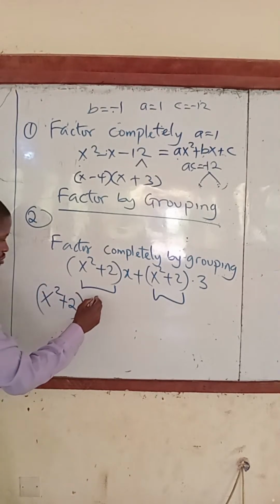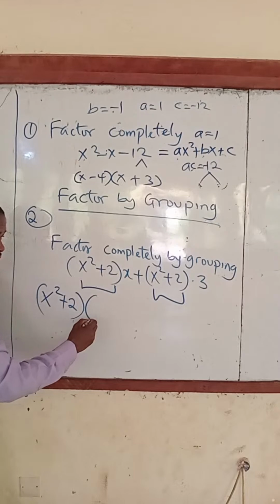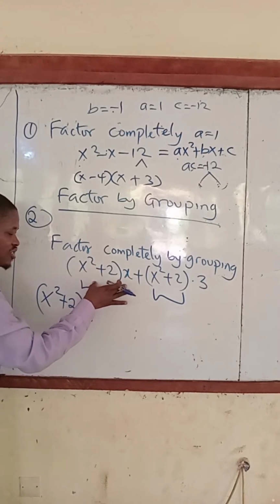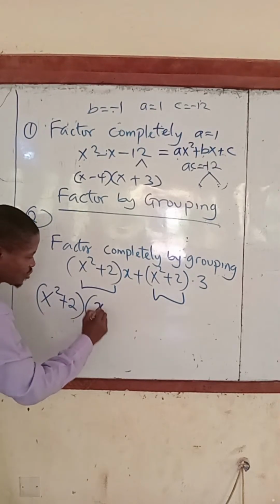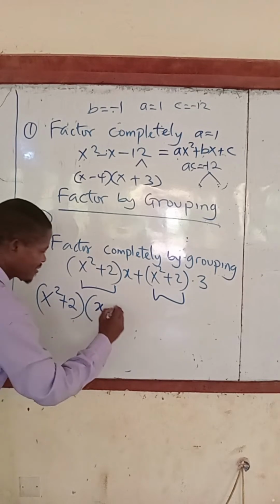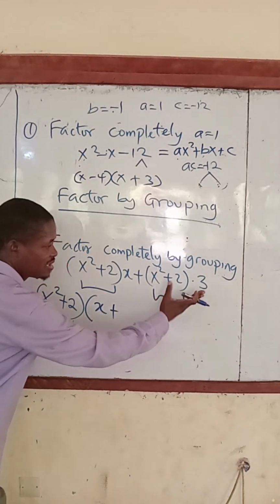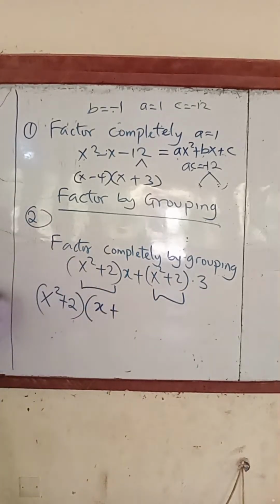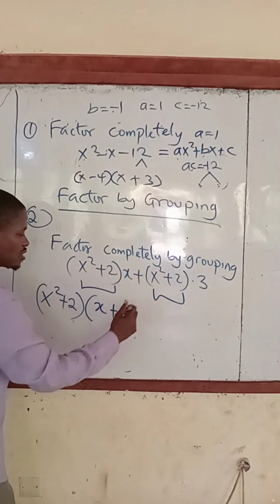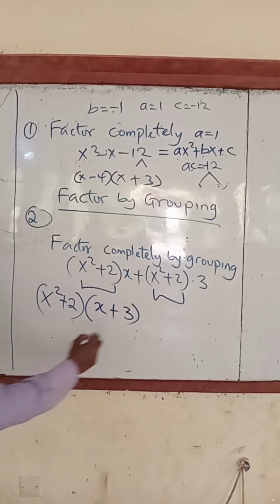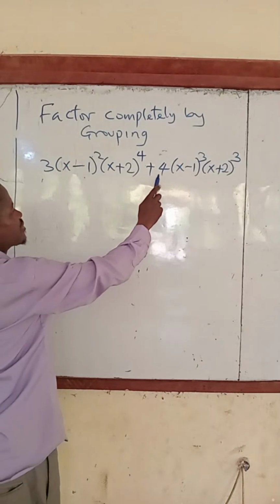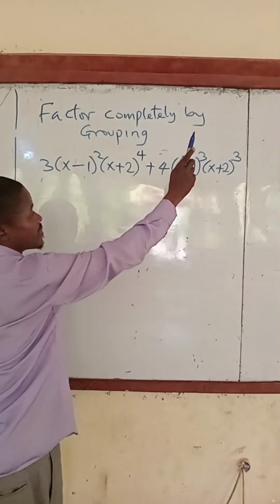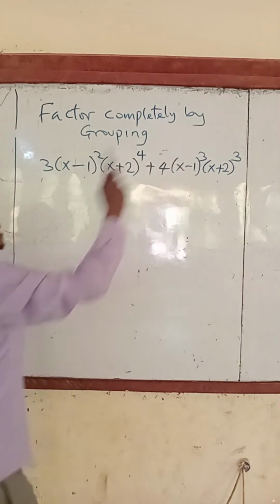When you do that, you open another bracket, and then you divide each part by what you've taken outside.